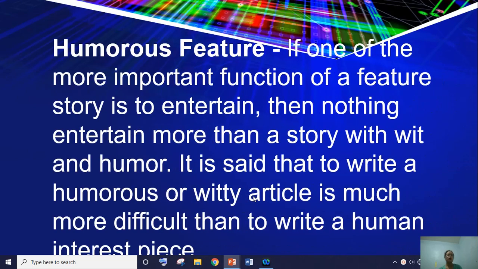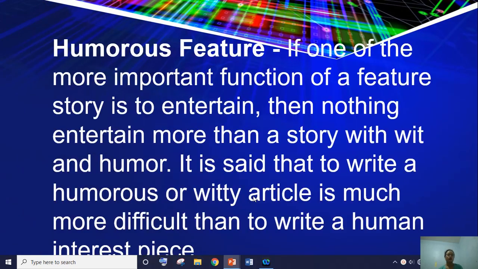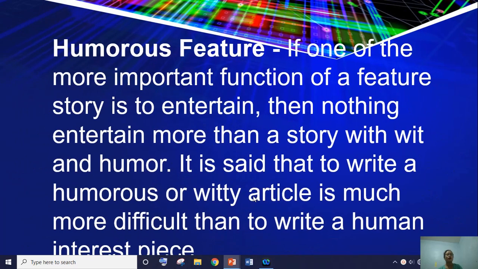So, humorous feature. If one of the more important functions of a feature story is to entertain, then nothing entertains more than a story with wit and humor. It is said that to write a humorous or witty article is much more difficult than to write a human interest piece.